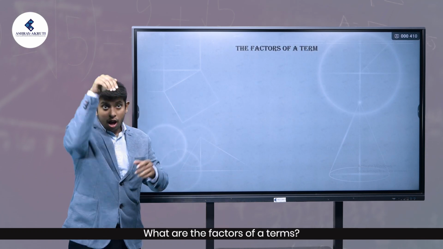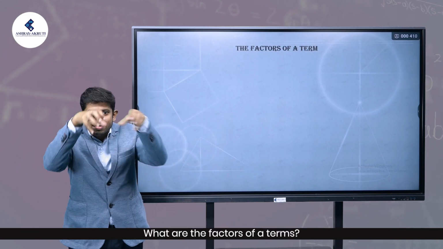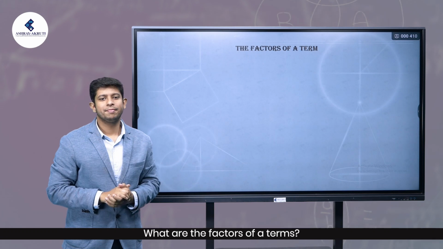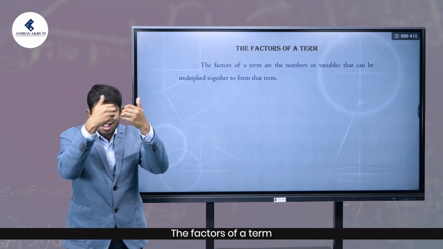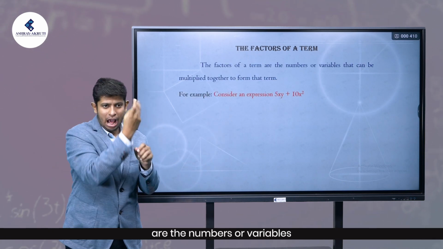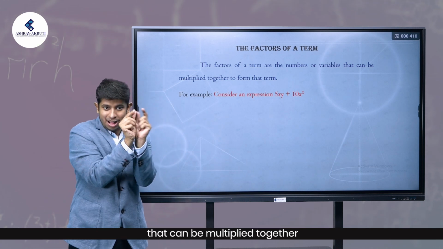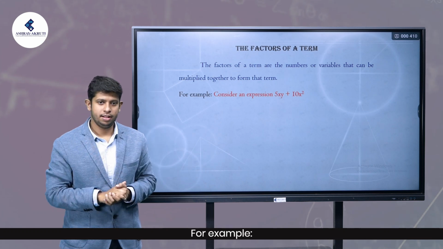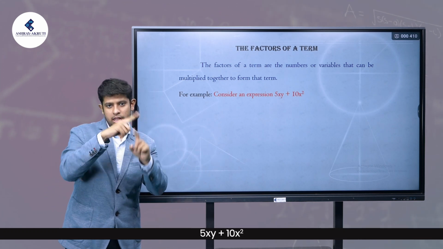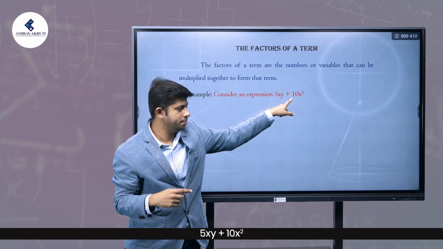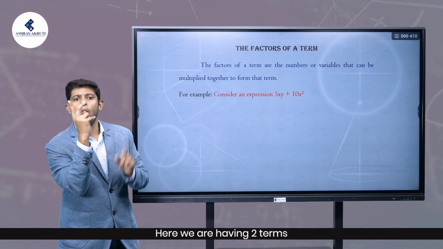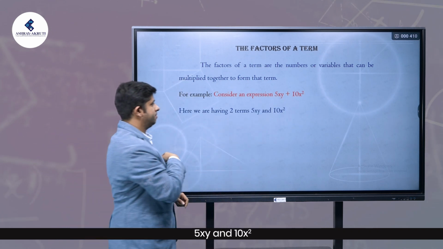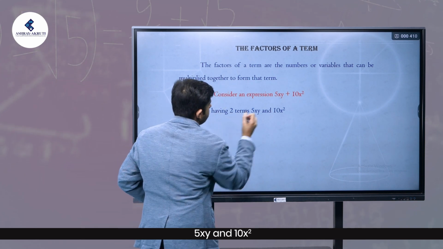What are the factors of a term? The factors of a term are the numbers or variables that can be multiplied together to form that term. For example, consider an expression 5xy plus 10x square. Here, we are having two terms, 5xy and 10x square.